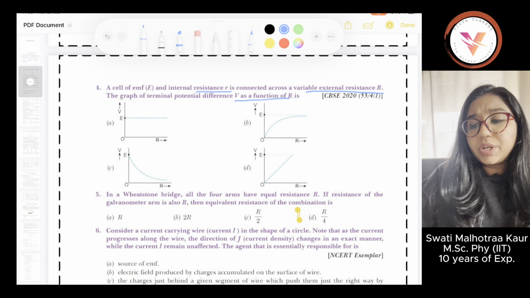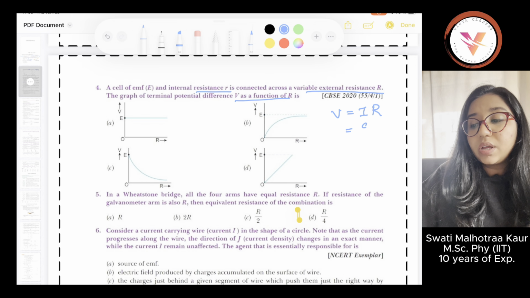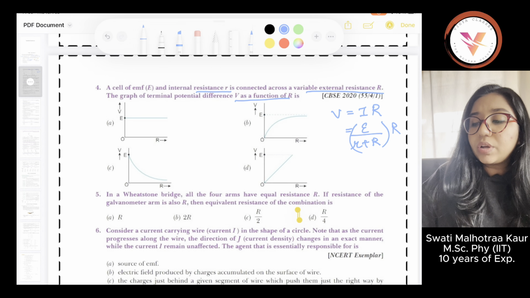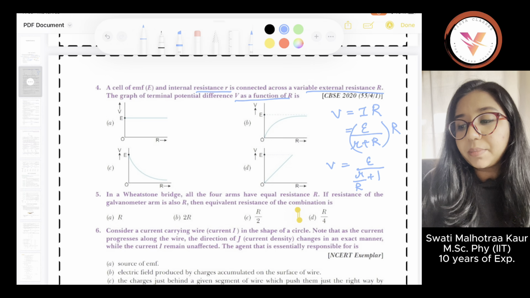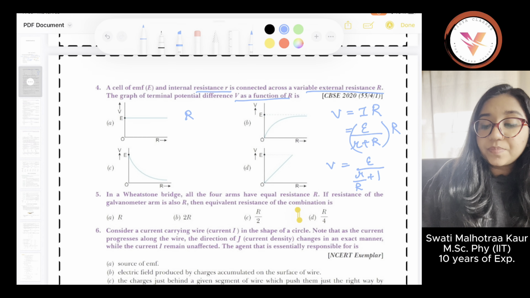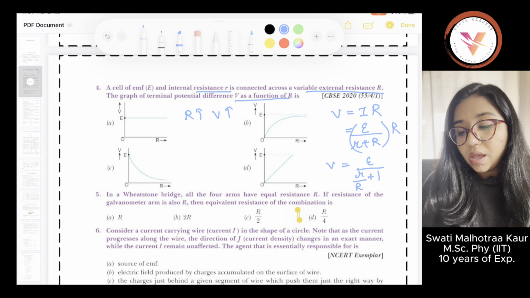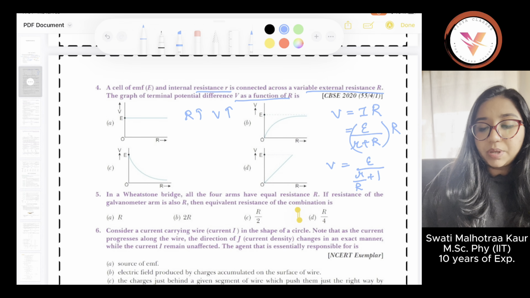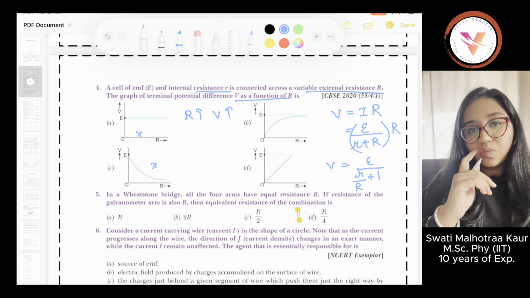Simply, the potential V is equal to IR, and I can be written as E over R plus r, into R. You can also write this by dividing both numerator and denominator by capital R. Now you can see that as R increases, V also increases because it's in reciprocal. This remains constant and this has an inverse relation. So these two will work.